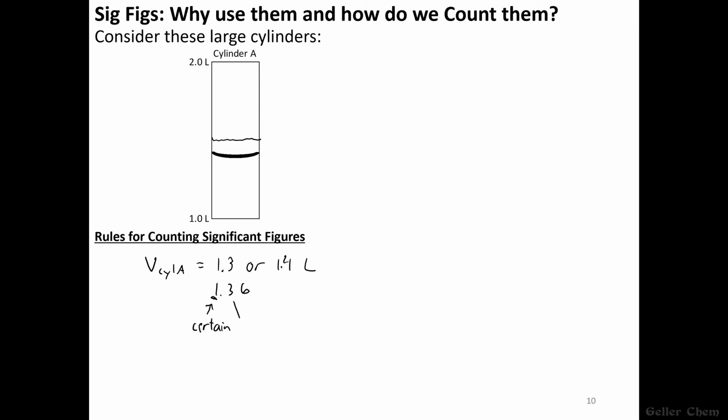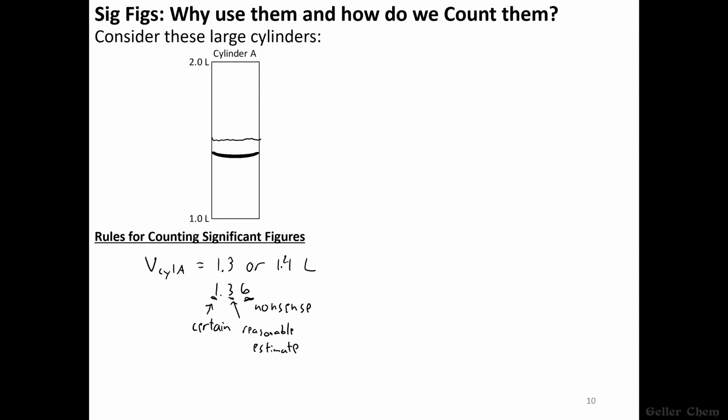The 3, that's a reasonable guess, a reasonable estimate. But that 6? That's just nonsense. We're not even sure if it's 1.3 something as opposed to 1.4 something. We definitely can't guess anywhere beyond that 10th place.